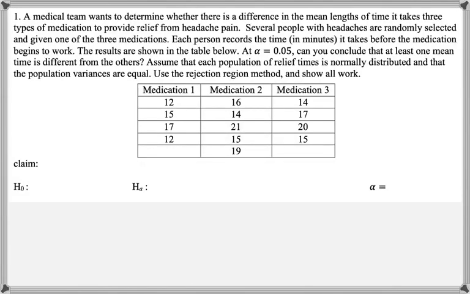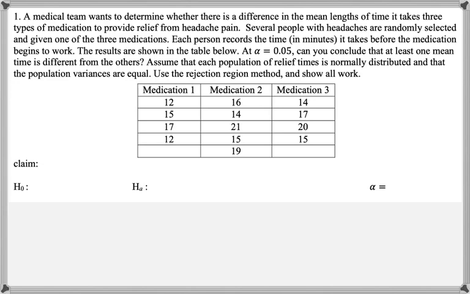A medical team wants to determine whether there is a difference in the mean lengths of time it takes 3 types of medication to provide relief from headache pain. Several people with headaches are randomly selected and given one of 3 medications. Each person records the time in minutes it takes before the medication begins to work.